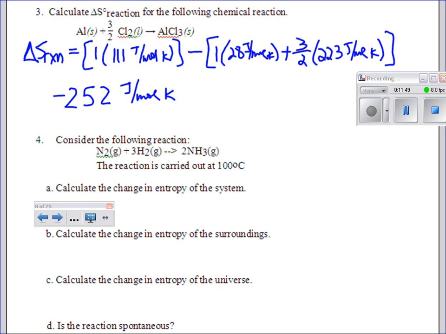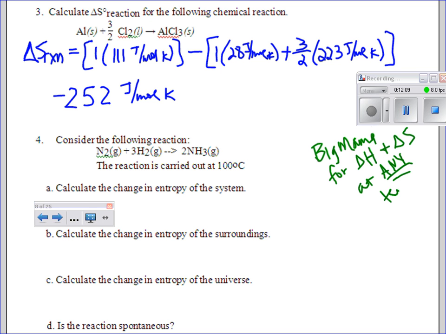So Big Mama, we can use Big Mama for delta H and delta S at any temperature, and I'm going to write that down. You can use Big Mama for delta H and delta S at any temperature. Delta H and delta S are not all that temperature dependent.